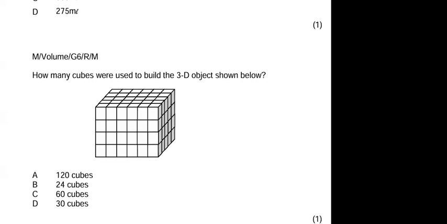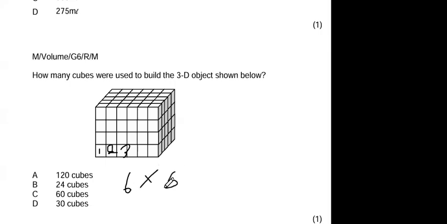How many cubes were used to build the 3D shape shown below? So basically, guys, you just need 3 things to know how many go across. 1, 2, 3. 1, 2, 3, 4, 5, 6. So these are 6 by 5.